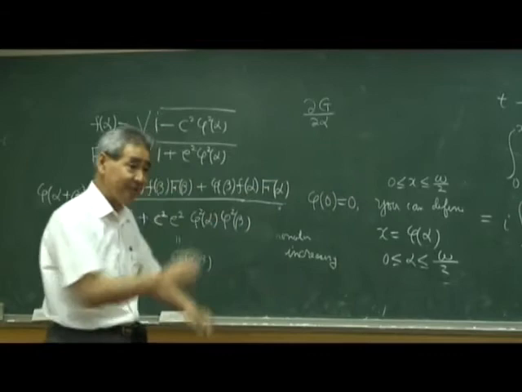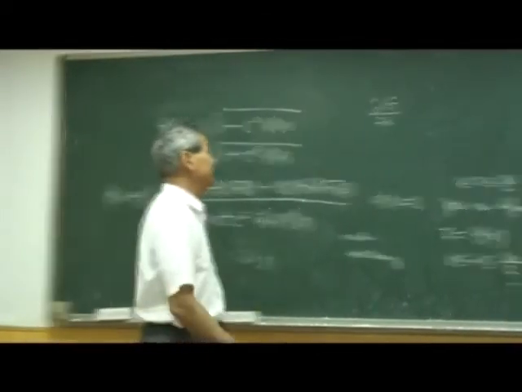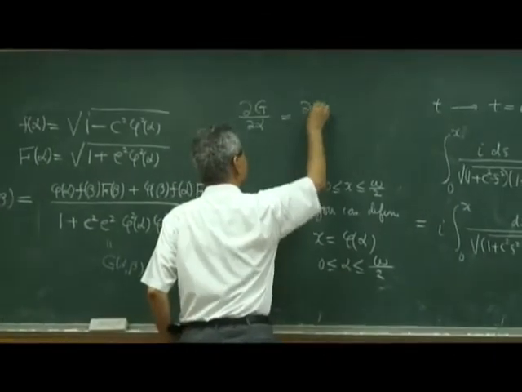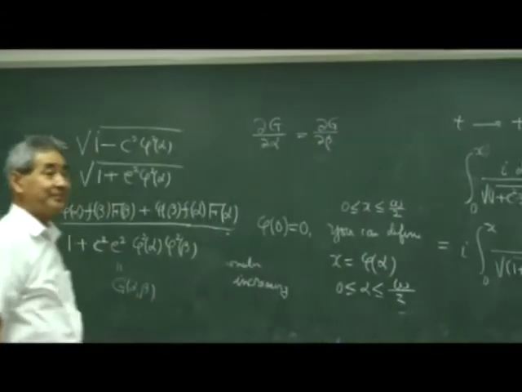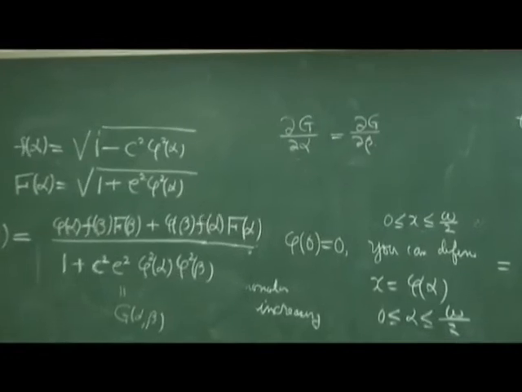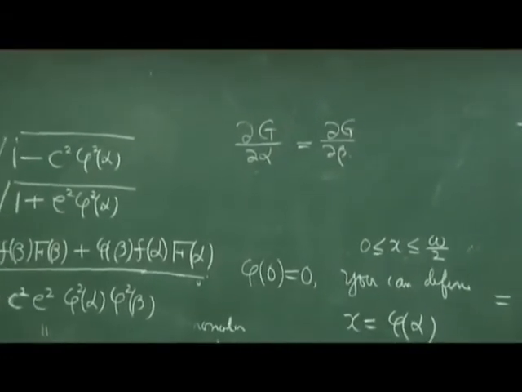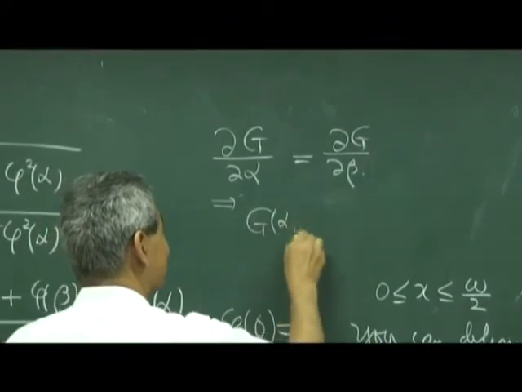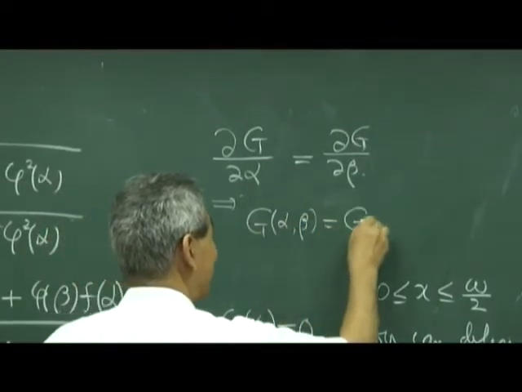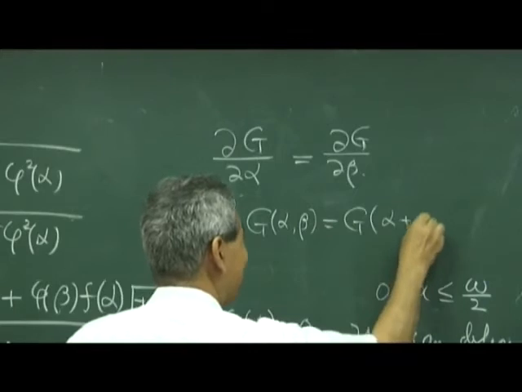Okay, just take an inverse function. And he also found that this is completely the same as beta. That's just calculation. And then he concluded, therefore, G is originally this function, but this is just a function in alpha plus beta.